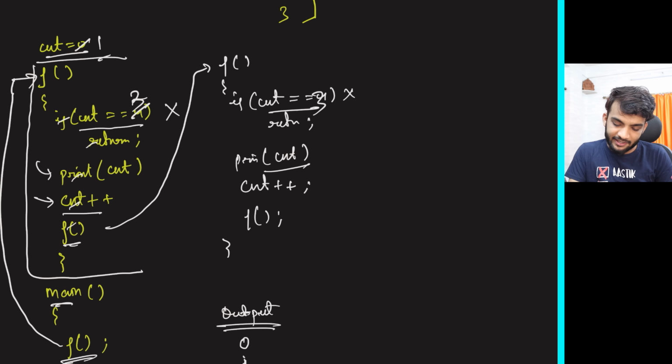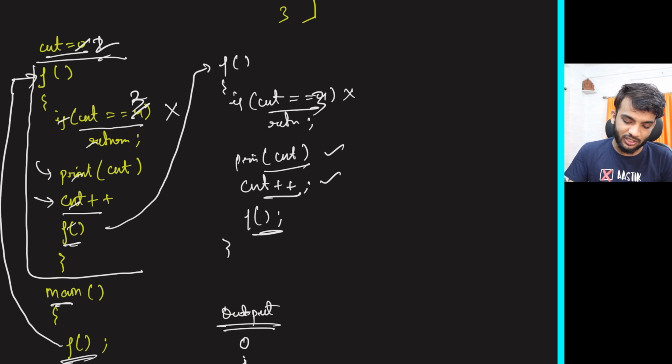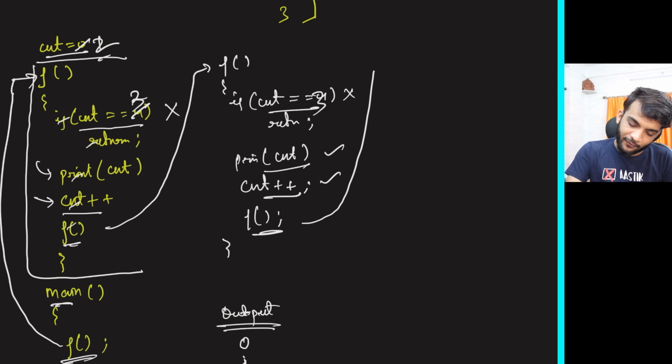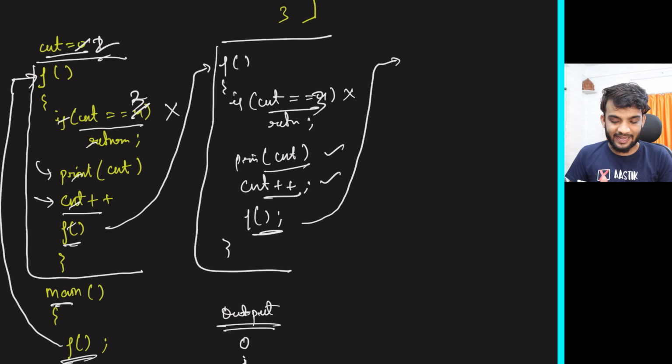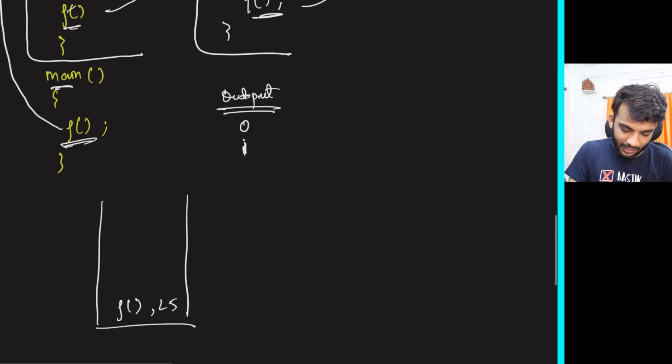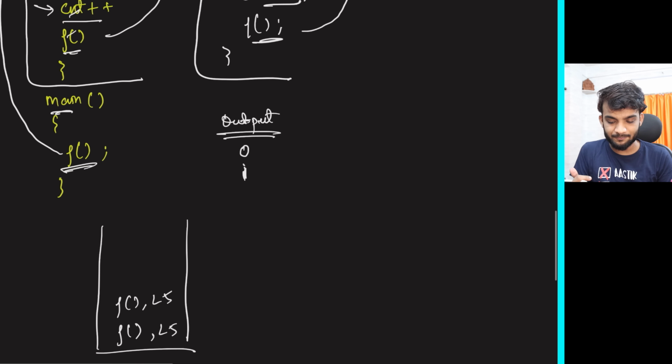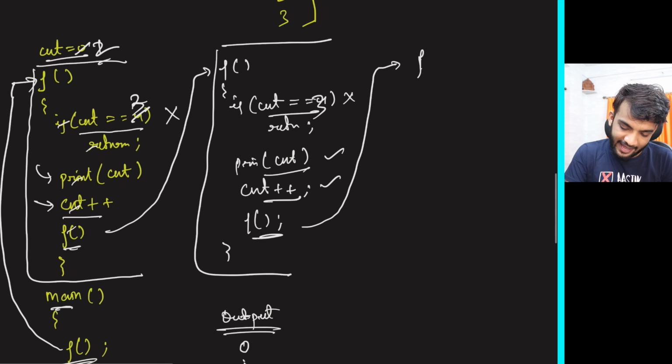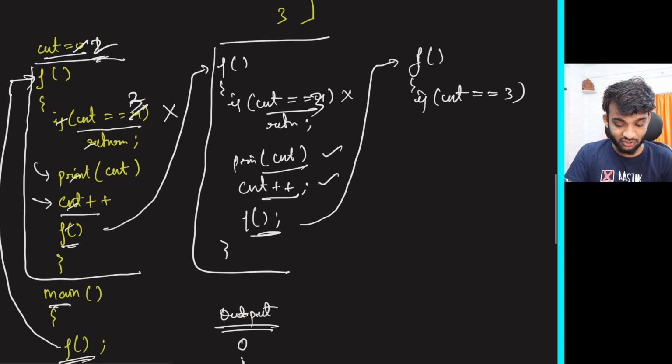So the counter is printed. Again counter plus plus. So this line has been executed. Function has been called. The moment you call the function, this guy goes into the stack space saying that, okay, another function call at line number 5 awaits to be completed. So you again go and say f of, if counter is equal to 3. Is it? Counter is 2. So it's not.